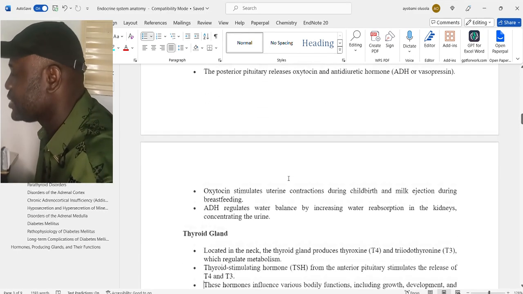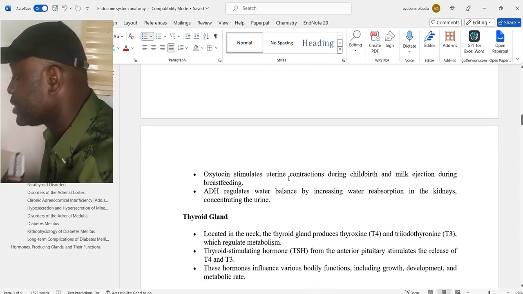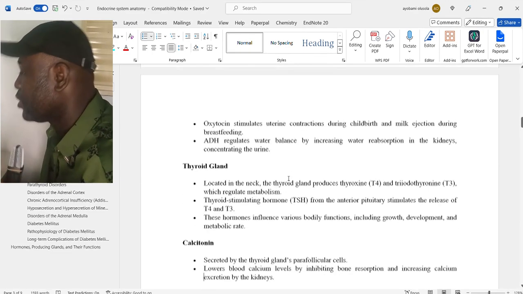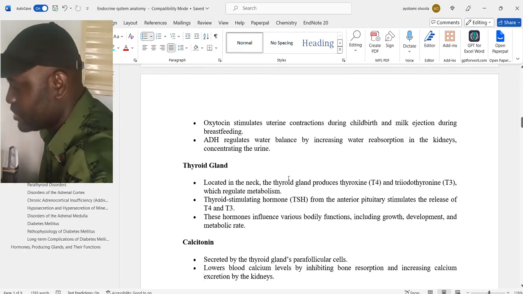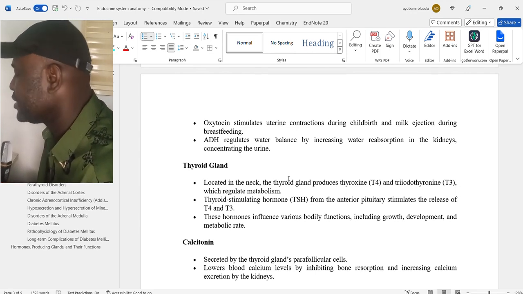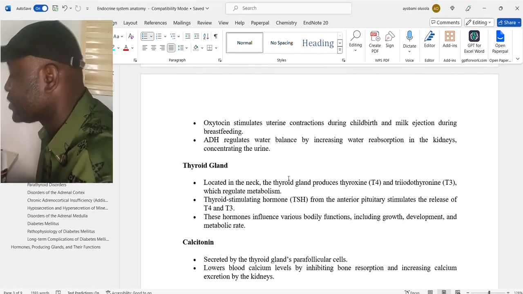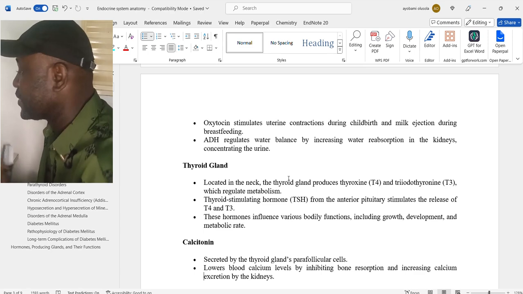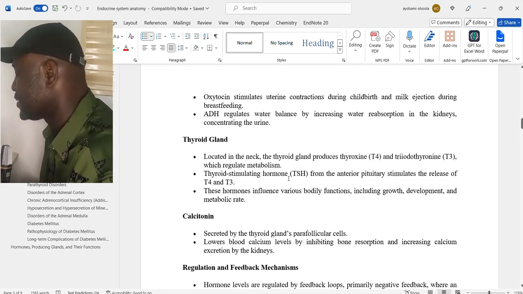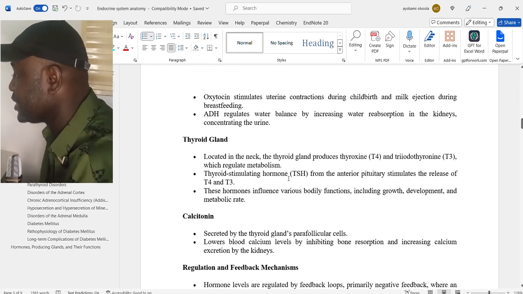Oxytocin stimulates uterine contractions during parturition, during childbirth, and it also stimulates milk ejection during breastfeeding. ADH, antidiuretic hormone, regulates water balance. It increases water reabsorption in the kidneys, concentrating the urine.